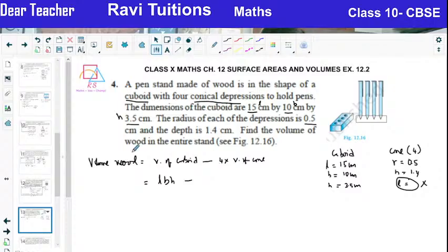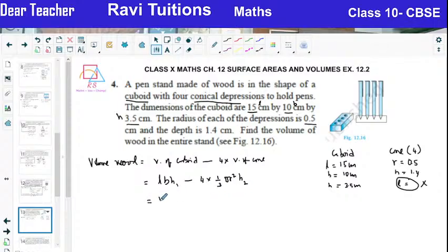Just a minute, I will write the steps. So 4 into volume of cone is 1/3 pi r square h. So these h's are different. Whenever the same letter is used, you had better keep them separate.